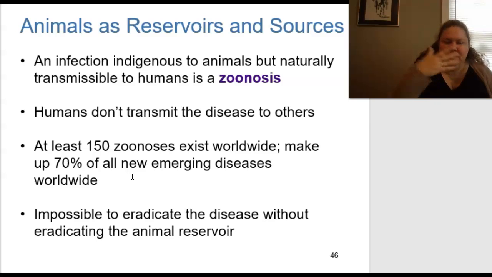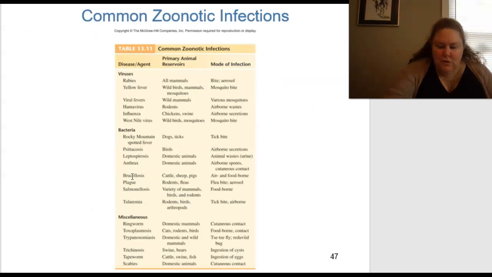It's impossible to eradicate the disease without eradicating the animal reservoir as well. This in my book is figure 13.10, and these are common zoonotic infections, like rabies, yellow fever, viral fever, Rocky Mountain spotted fever, ringworm, scabies, etc. Okay.